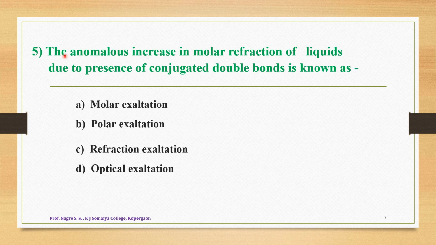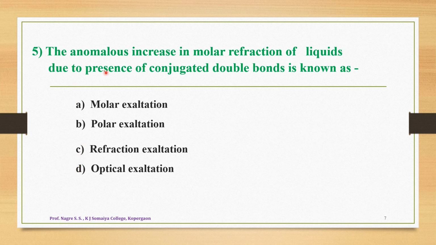The question number 5 is here. The anomalous increase in molar refraction of liquids due to presence of conjugated double bonds is known as, and the options are molar excitation, polar excitation, refraction excitation and optical excitation.